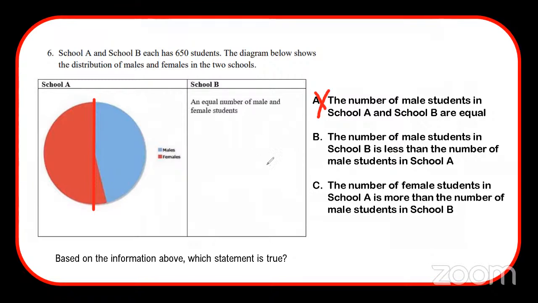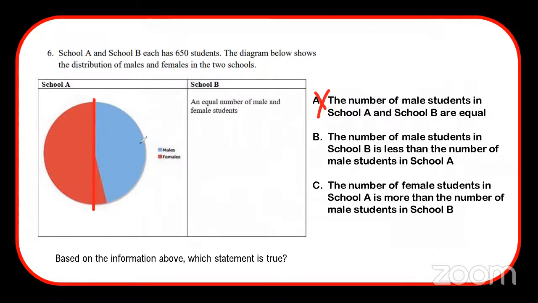The number of male students in school B, are they less than the number of male students in school A? So school B has an equal number of male students and female students. That means in school B, all of this side should be blue, right? Because it's the same amount of female students at that school, and the same amount of male students are also there.